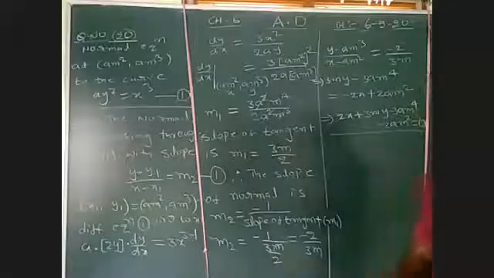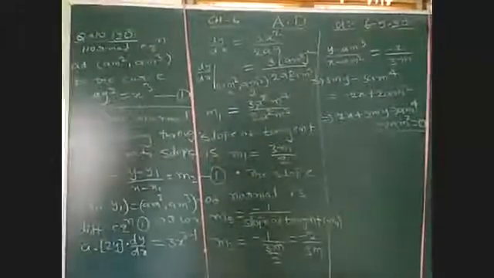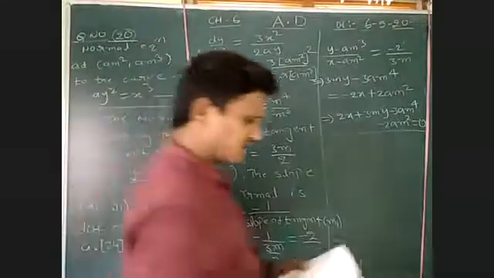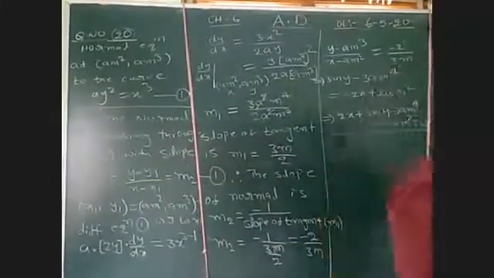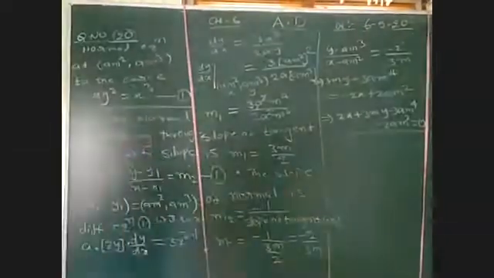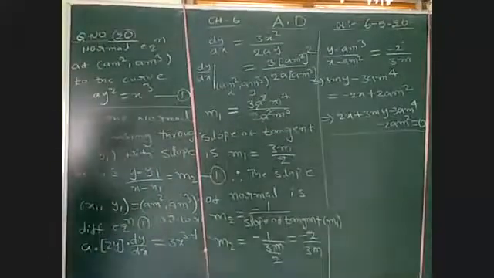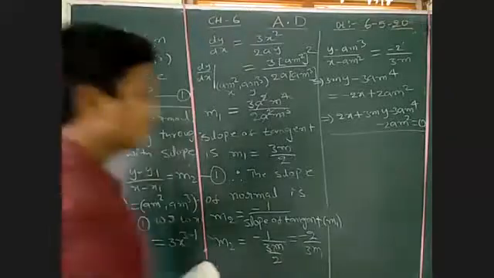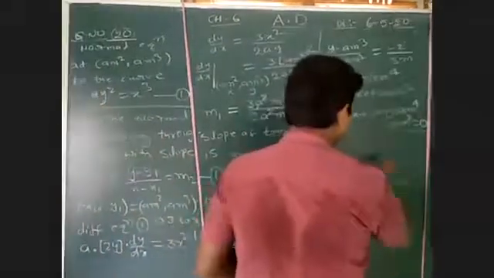Try to do the question number 21. Clearly they given one line, find the equation of tangent and normal to the curve which are parallel to the line. One line equation is given, parallel to this line, we need to find normal equation also.